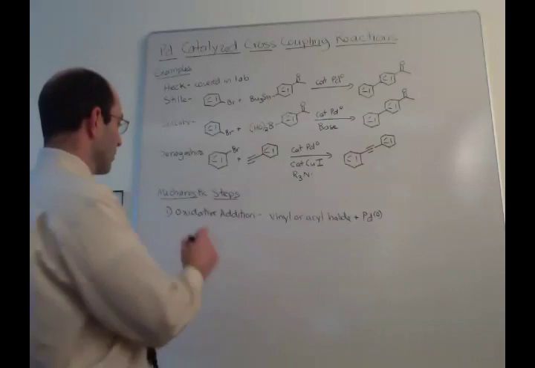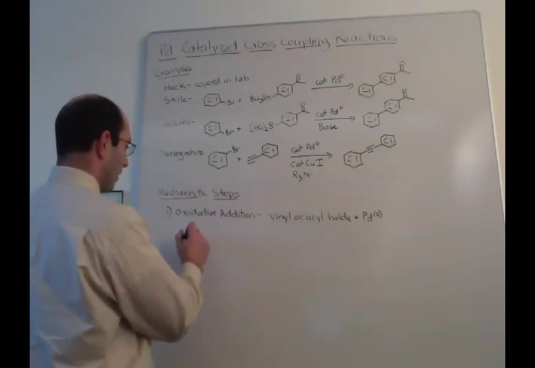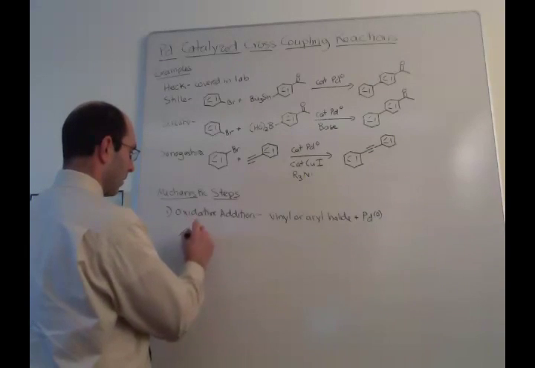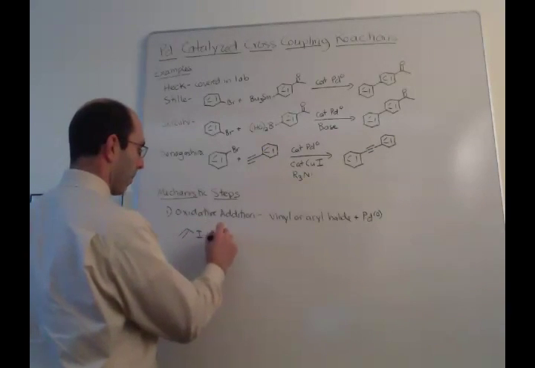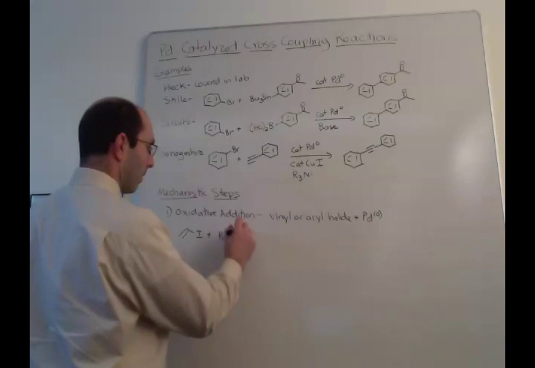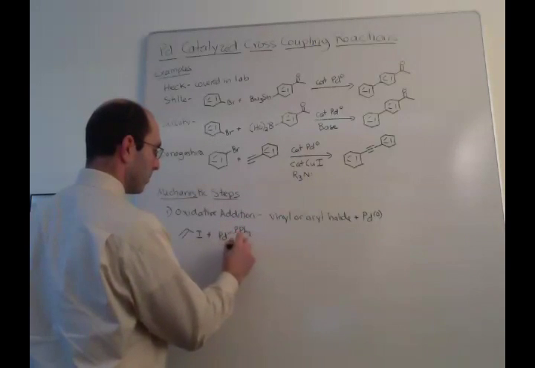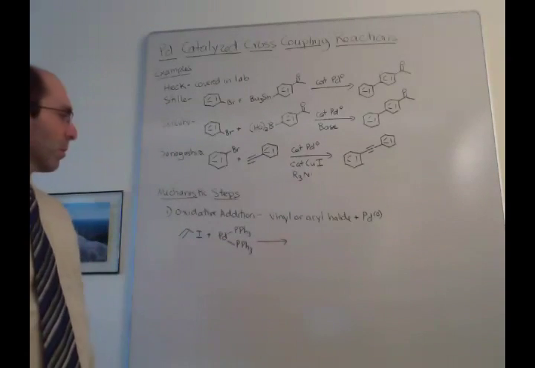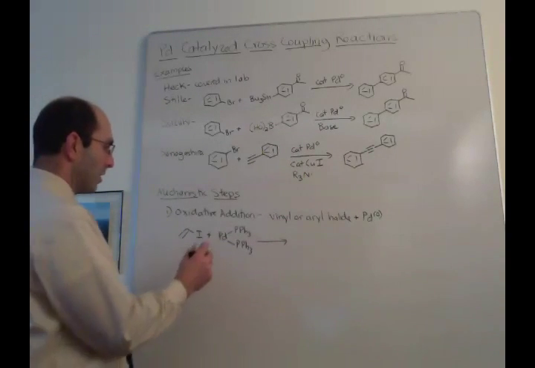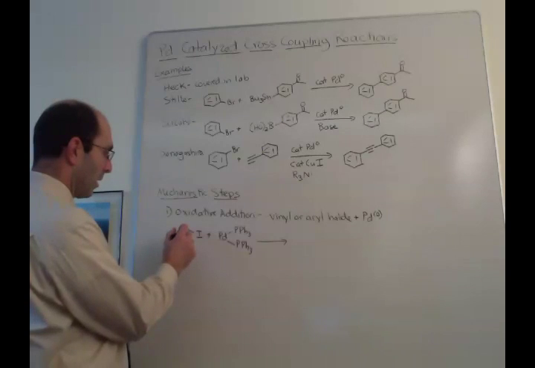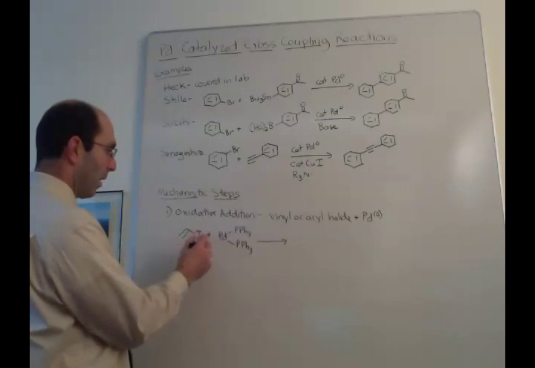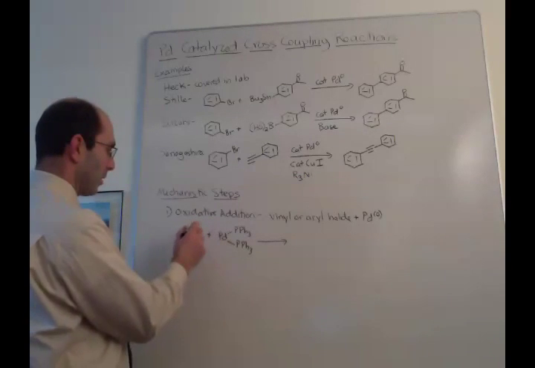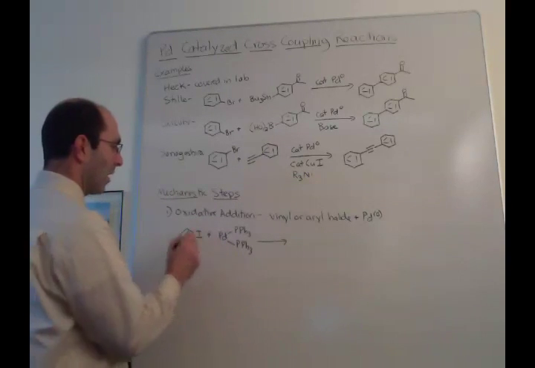And so the reaction is like we talked about in class today, right? So that if you have, for example, a vinyl iodide, react that with palladium, what we're imagining is the palladium going to insert between the carbon iodine bond. So we can imagine that we're going to form a bond between carbon and palladium, and then between I and palladium.